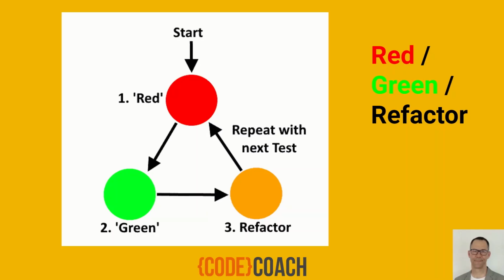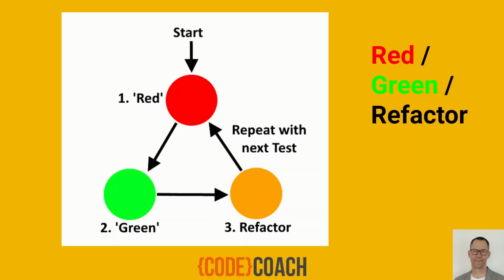We will refactor the test code to make it as easy to understand and as easy to read as possible, and we also improve our production code, our code that makes the program run, so that in a similar way, it's as easy to read, easy to understand. The program is structured in the best possible way. So for both production code and for unit test code, we will undertake the refactor step.